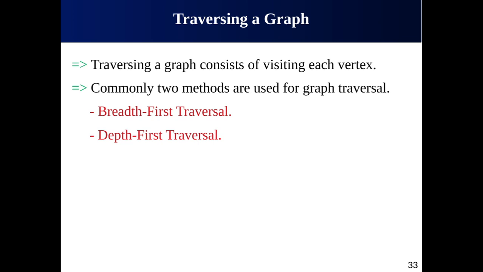The simple traversal algorithms that we used for trees, like in-order, pre-order, post-order, cannot be directly applied to graphs. Why? Because a graph may contain cycles. So for this reason, the tree traversal algorithms would result in infinite loops.